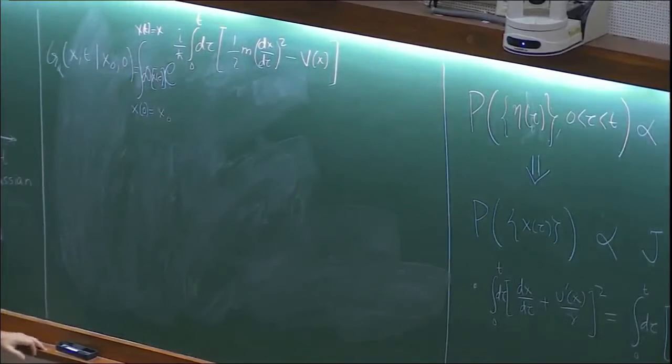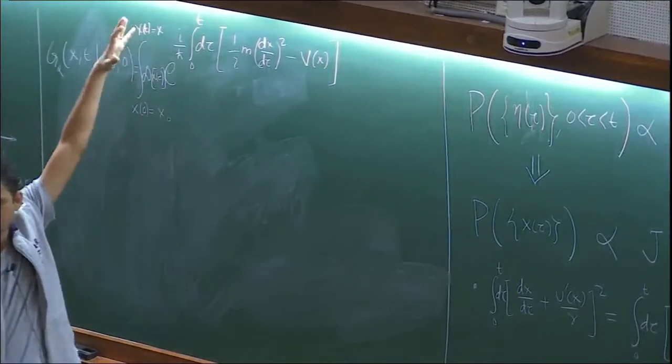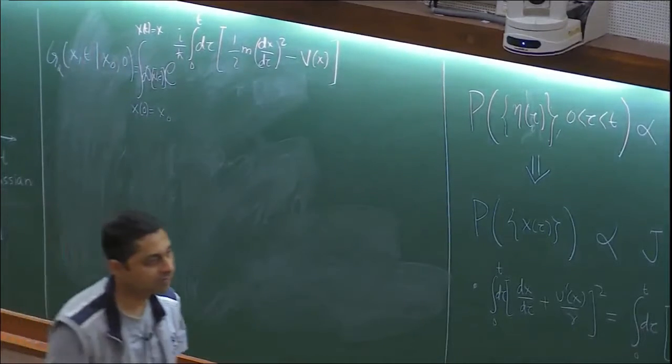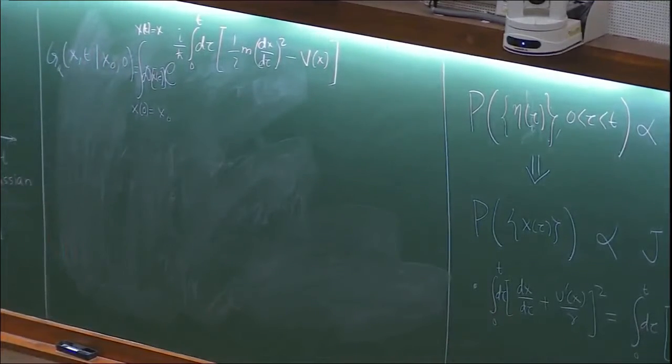It could have gone through various ways, and I am integrating all the intermediate paths, all variations of the path. This also just goes from x at 0 equal to x0, x at t equal to x.